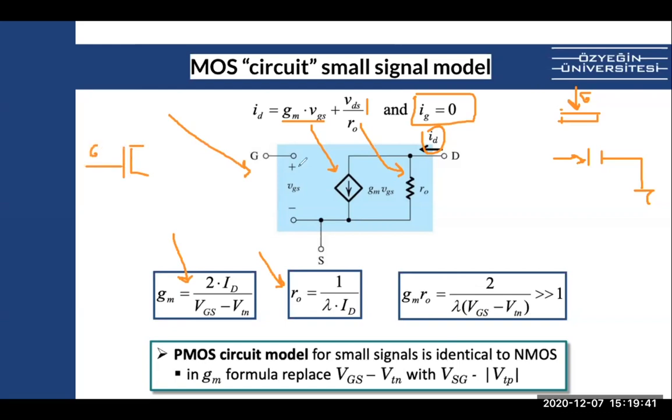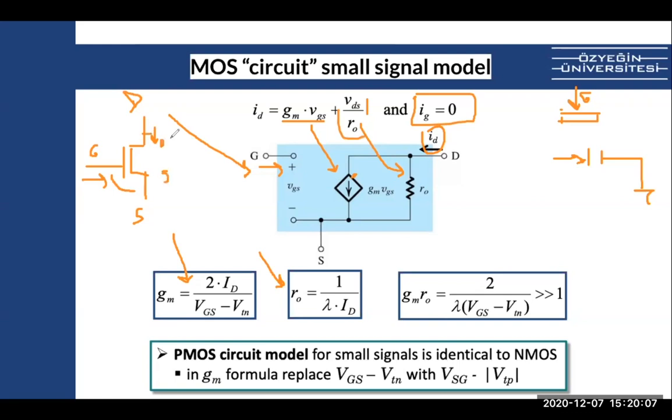Gate is here, drain is here, and source is here. As you can see, gate doesn't have any currents. The VGS voltage is here. GM VGS is the current that goes through here, as well as VDS over R0.